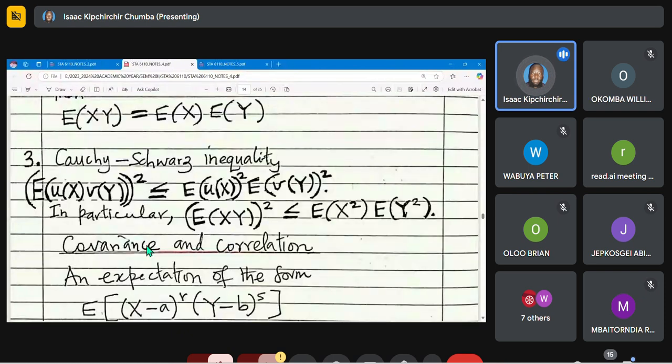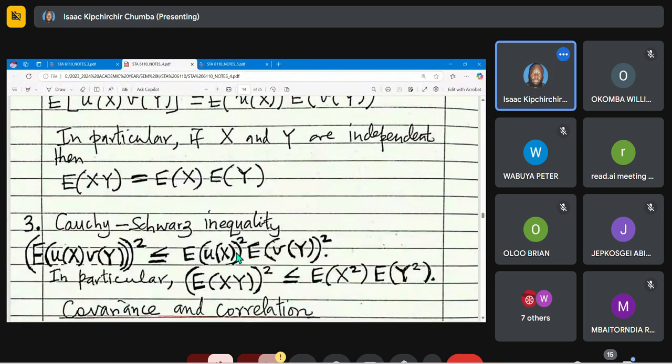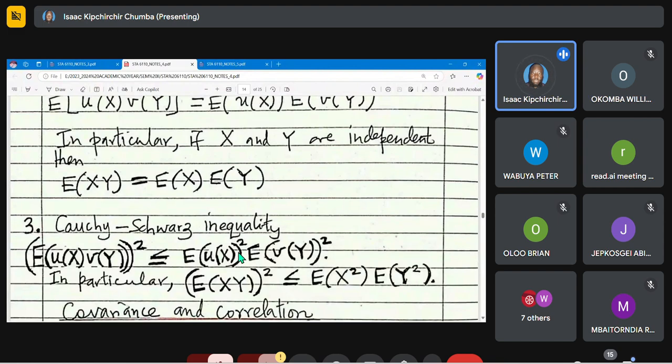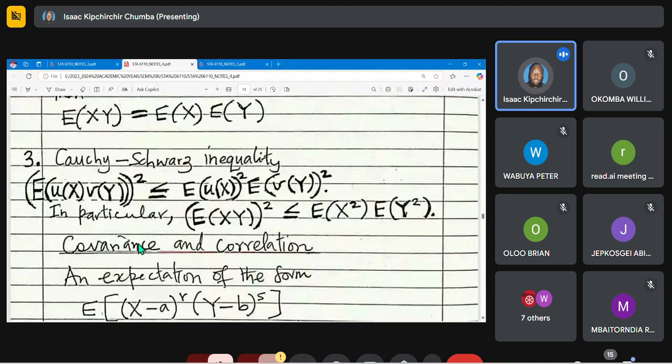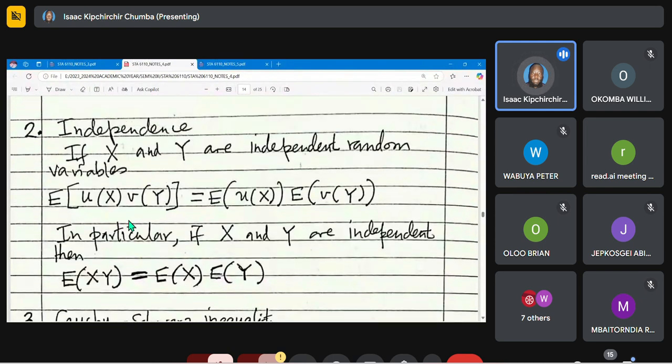A very important inequality under these properties of bivariate expectation is called the Cauchy-Schwarz inequality. Remember, when we define u of x, it is a function of x alone, and when we define v of y, it's a function of y alone.